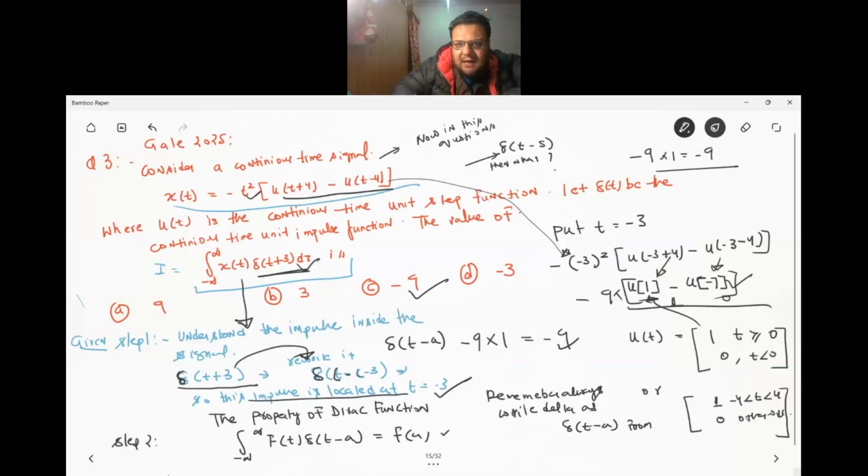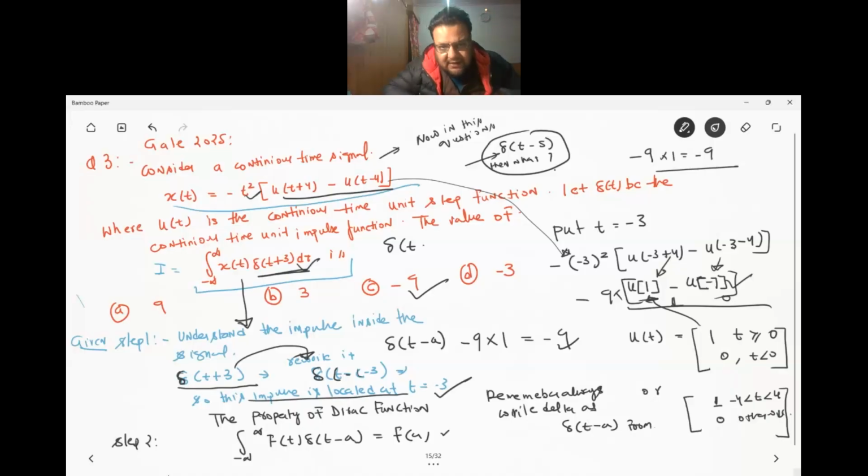Now suppose in this question, instead of this 3 over here, they had put t minus 5. Then first of all, you have to put lambda of t minus 5, it is already in that form, right? Here plus 3 was given.